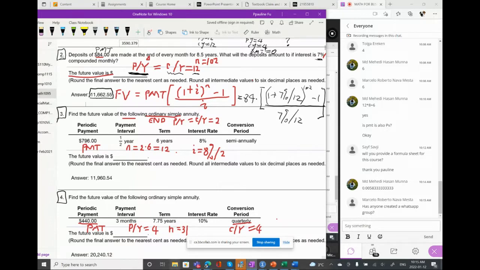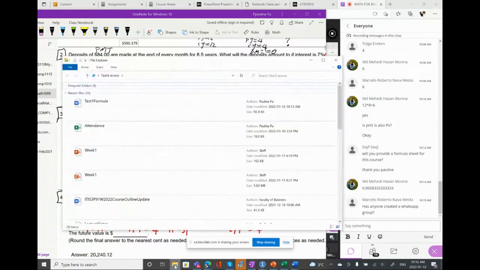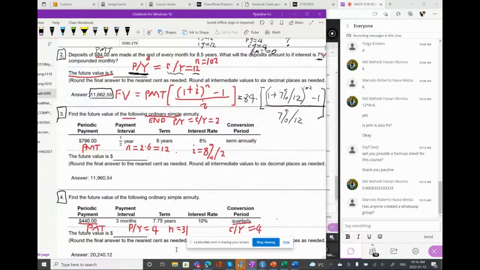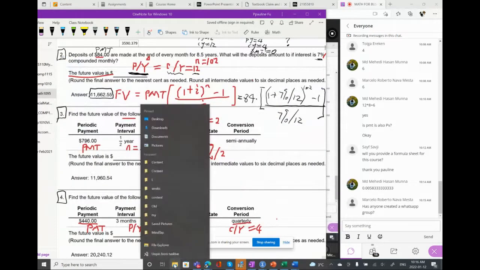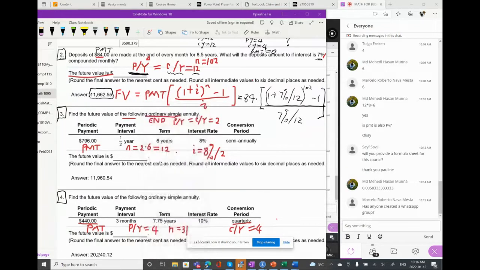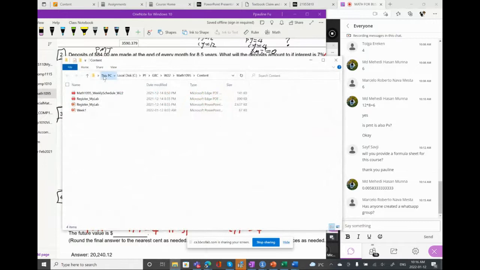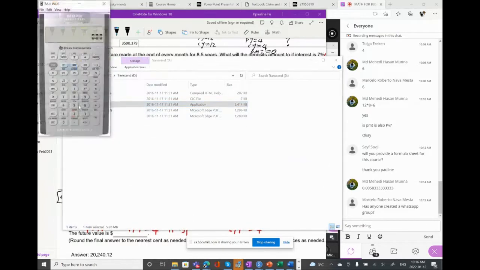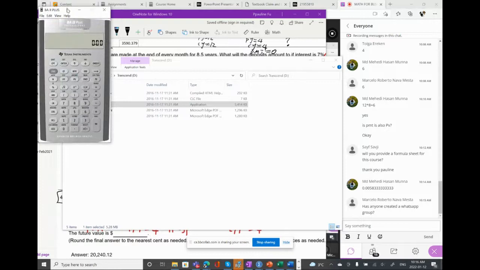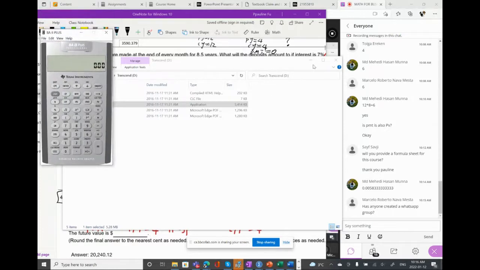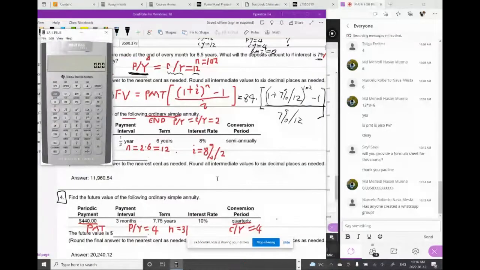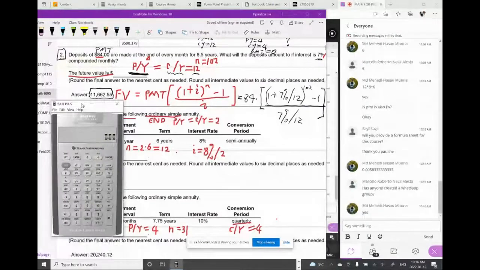Okay, so now I'm going to introduce calculator method. I open up my calculator. Can anyone see my calculator? Raise your hand if you can see my calculator.